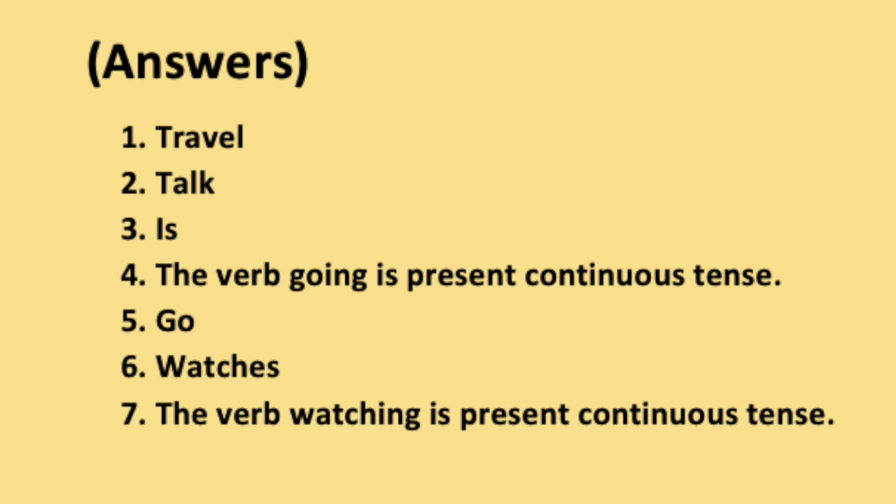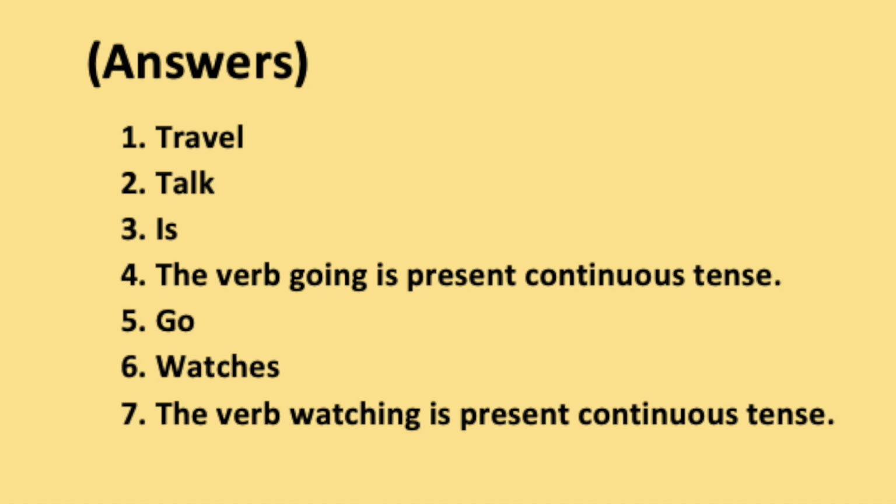Manu and his mom talk on the phone every day. The simple present tense verb is talk. The baby is excited about his new toy. Here the simple present tense verb is. Next one. I am going to the market.